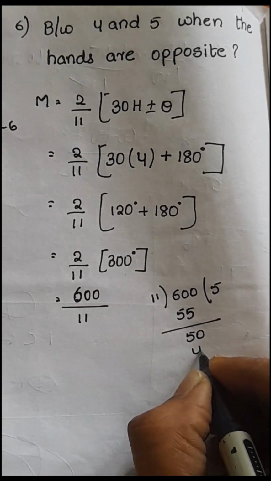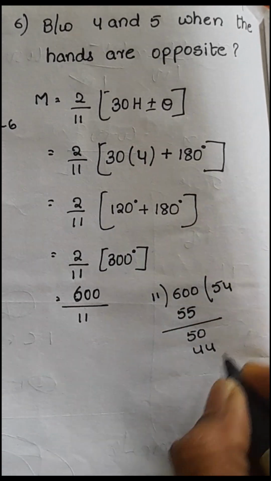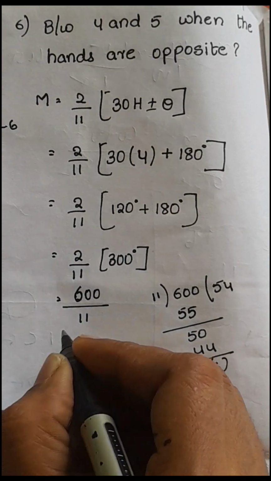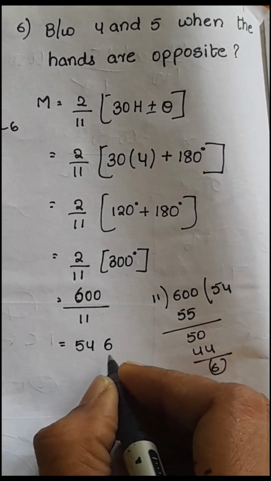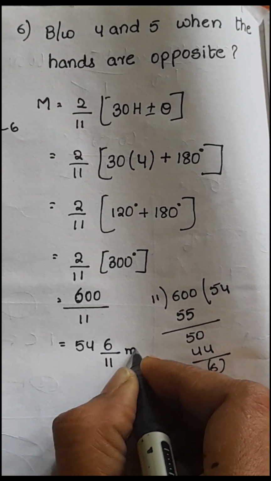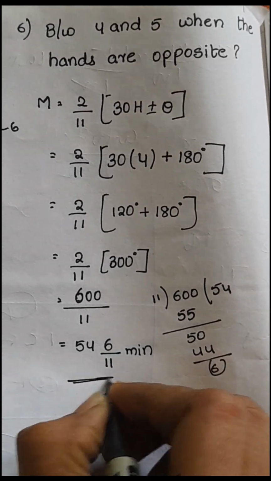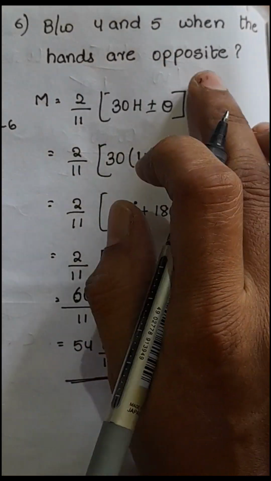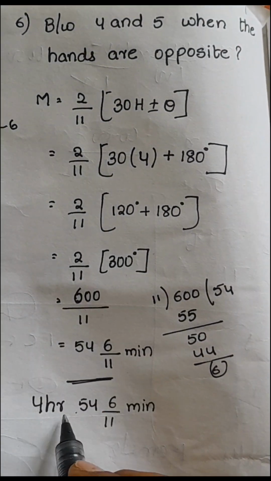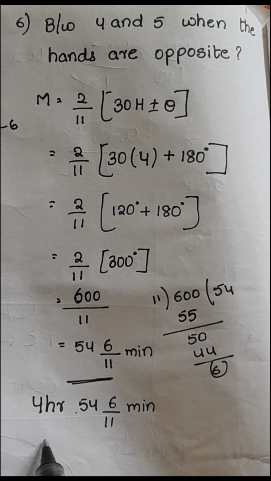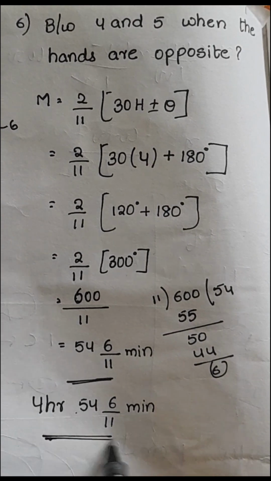Take 0, 44, 6 as remainder, which is equal to 54 6 by 11 minutes. Between 4 and 5 when the hands are opposite, at 4 hours 54 6 by 11 minutes, both the hands are opposite.